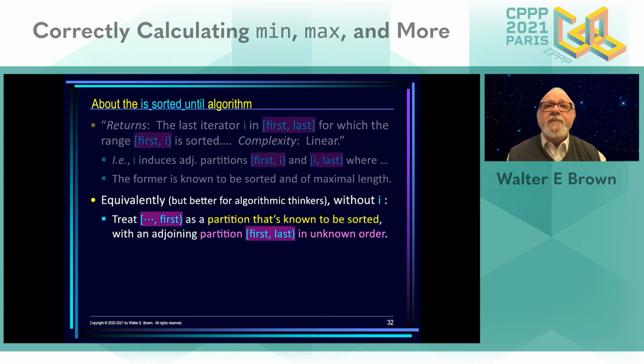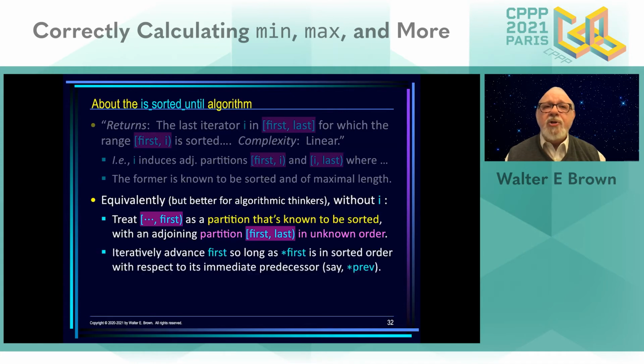Let's treat the range from somewhere up to first as a partition that we know is sorted, and have an adjoining partition from first to last whose order we know nothing about.